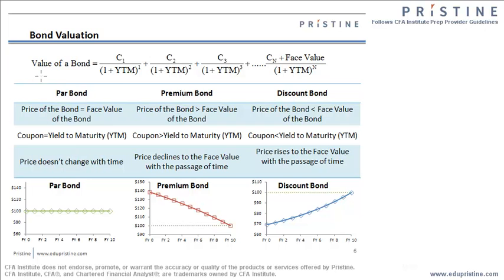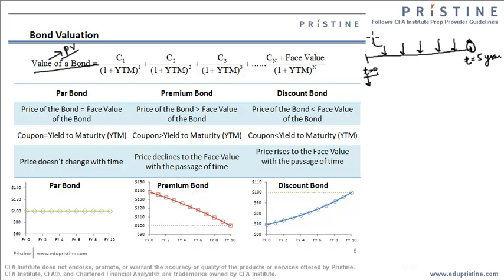So the valuation of a bond is just the present value of all the cash flows from the bond. So if I have a bond of say 10 years maturity or say 5 years maturity, and we are at this particular point, this bond will give me some cash flow within this period and a lump sum amount at the maturity.